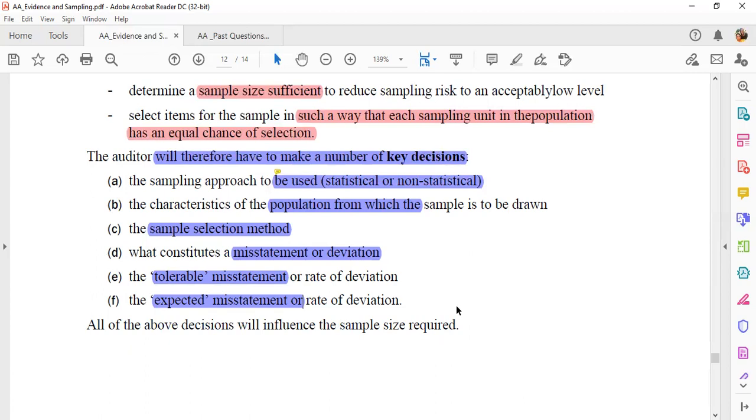So you as the auditor have to have this at the back of your mind as well. What is your tolerable rate of misstatement? Let's say it is 10%. If I have anything greater than 10%, that means we have to raise a query. My tolerable misstatement.